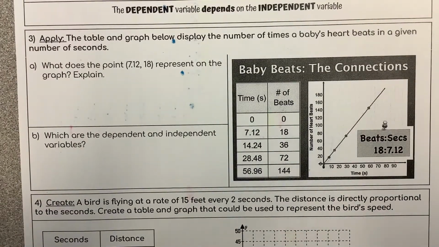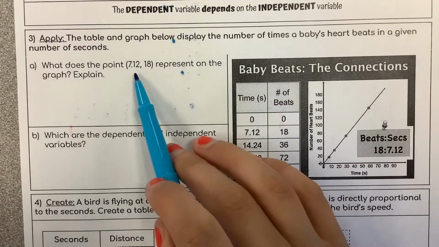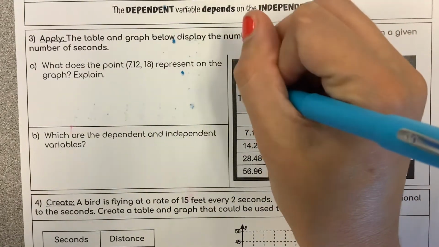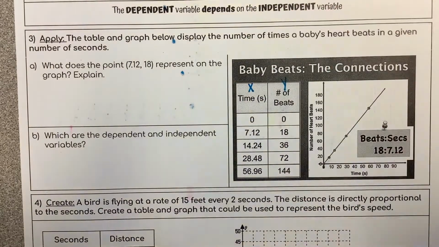So number 3, we're going to apply this. The table in the graph below display the number of times a baby's heart beats in a given number of seconds. What does the point 7.12, 18 represent? As we've already talked about in a table, the left side is x, the right side is y.